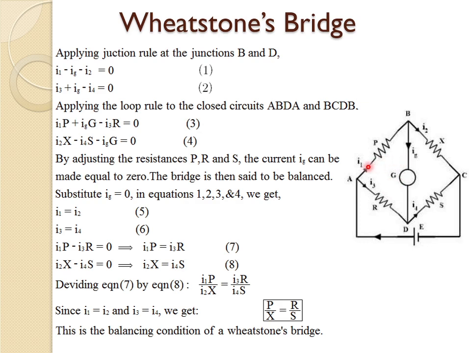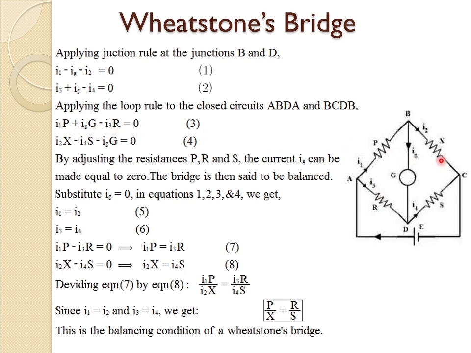In the first loop, I1 into P is positive, as the current is in the clockwise direction. Another element is the galvanometer, whose resistance is capital G, so Ig into G is also taken as positive. The third element is I3 into R, which is taken as negative. So I1 into P plus Ig into G minus I3 into R equals 0.